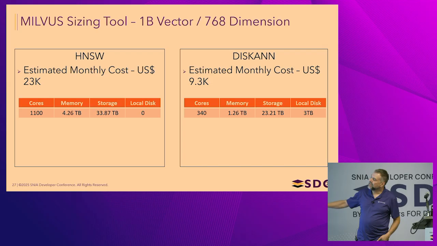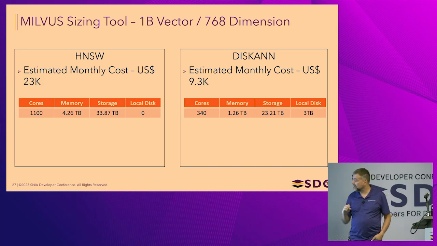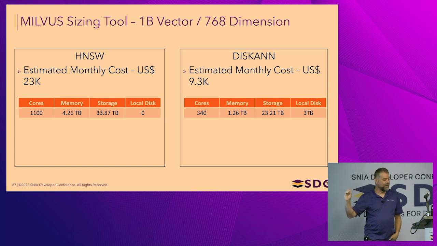So these are numbers from Milvus's sizing tool, where I did 1 billion vectors, 768 dimensions, and how much it would cost for a solution purely based on HNSW versus DiskANN. So I have there how many cores, the memory, and storage.